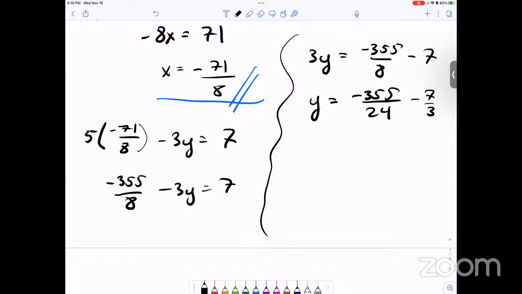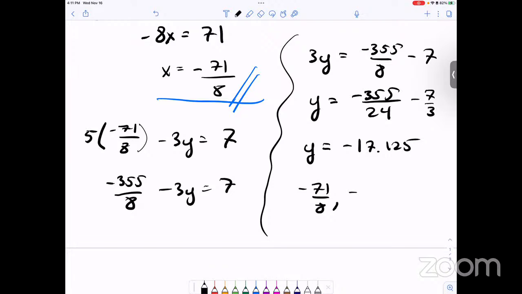Hey Siri, what's -355 divided by 24 minus 7 divided by 3? -355 divided by 24 minus 7 divided by 3 is approximately -17.125. So I'm going to go with this. We got negative 71 by 8 and negative 17.125.